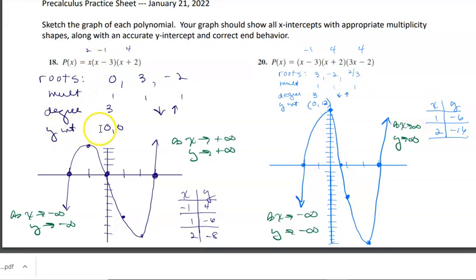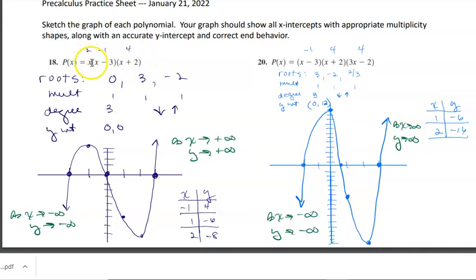Okay, the y-intercept, that's a point of confusion for many of you. When you get the roots or the x-intercepts, you do that by setting each factor equal to 0. To get the y-intercept, you set each x equal to 0, and you then multiply the resultant number.